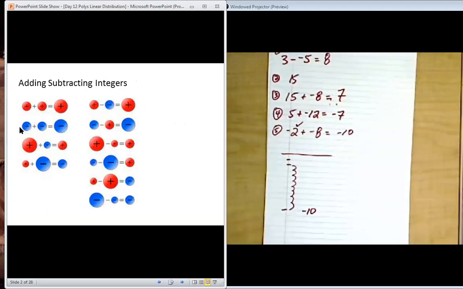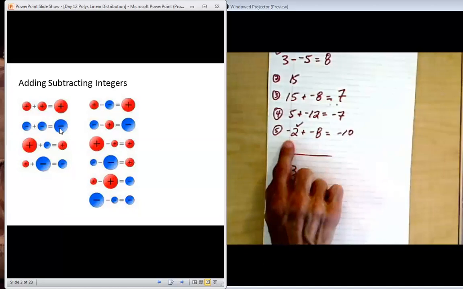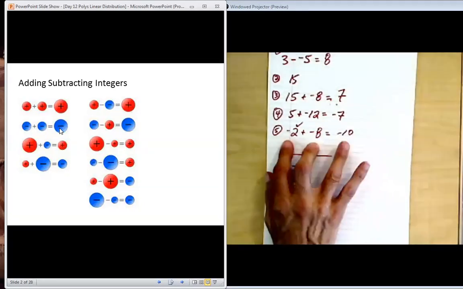If you look at the second line here, you have a small negative in blue, small negative in blue. Okay, it's a big negative in blue. So look, you got a small negative in blue. That counts as a smaller one in blue. Makes a bigger one that's negative then. Okay.